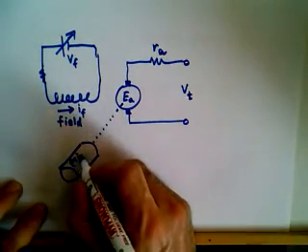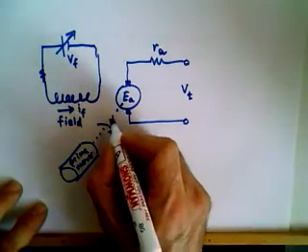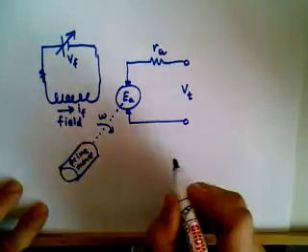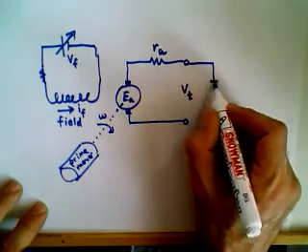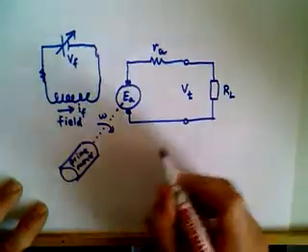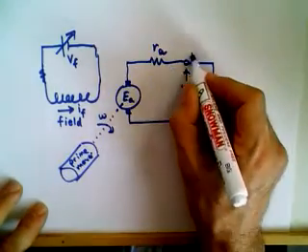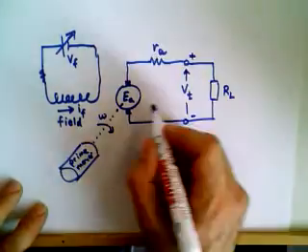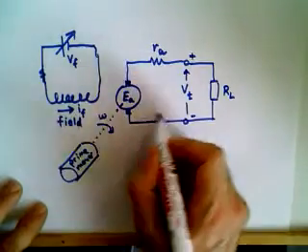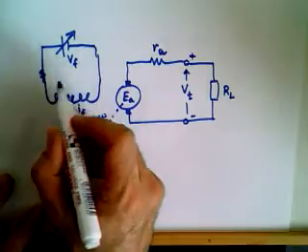There's a prime mover which rotates the machine with speed. And at the terminals we have a load, and the electricity is supplied from this machine.